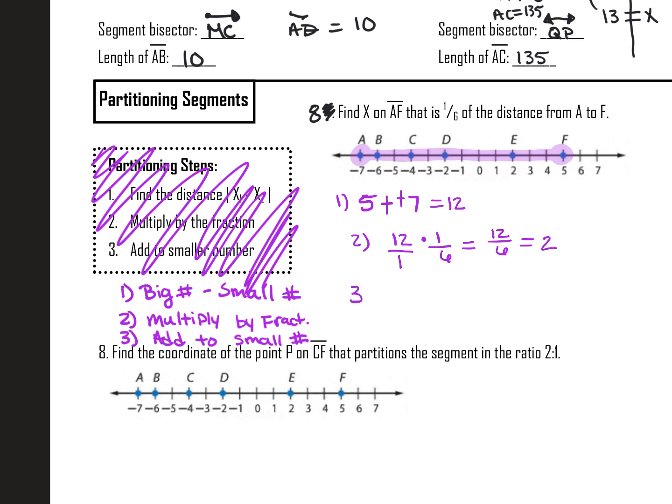And then for step 3, it says to add it to the small number. So I am doing 2 plus -7. And so 2 plus -7 is going to equal -5. And so I would be able to say that x on this number line is at -5.